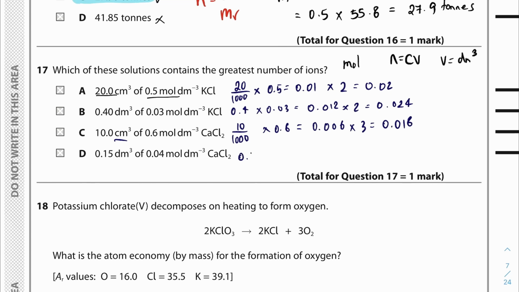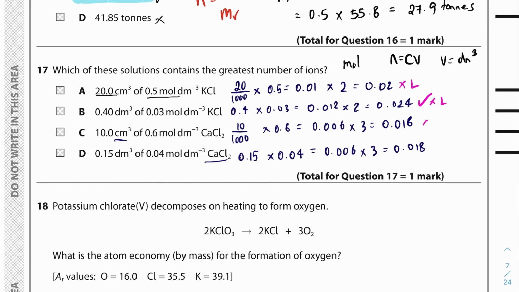So we have 0.15 dm cubed already, so we don't have to change it. Times 0.04. This gives us the same 0.006. How many ions do we have? We have 3, so times by 3. 0.018.